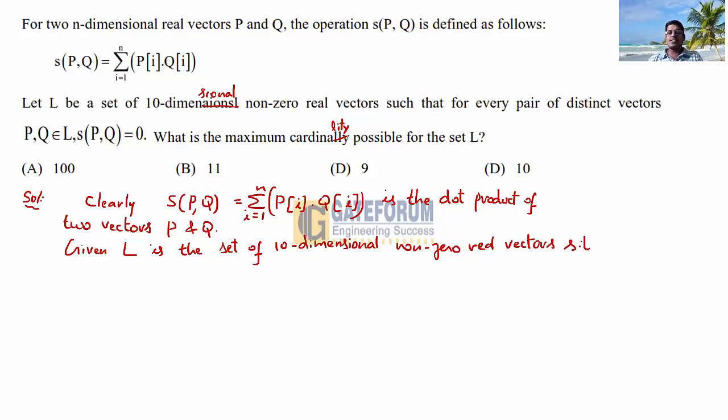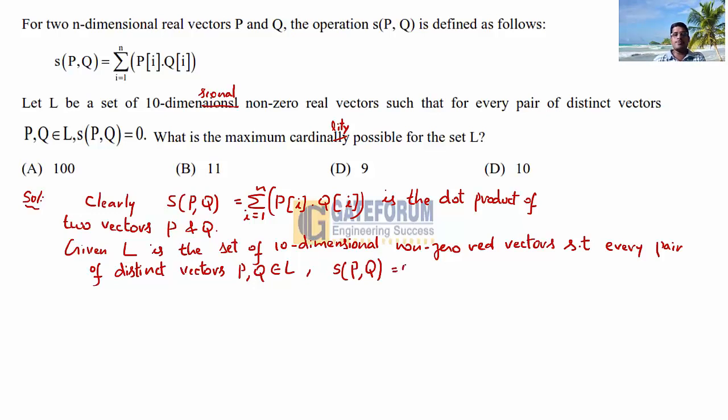Such that every pair of distinct vectors p comma q belonging to L, S of p comma q is equal to 0.